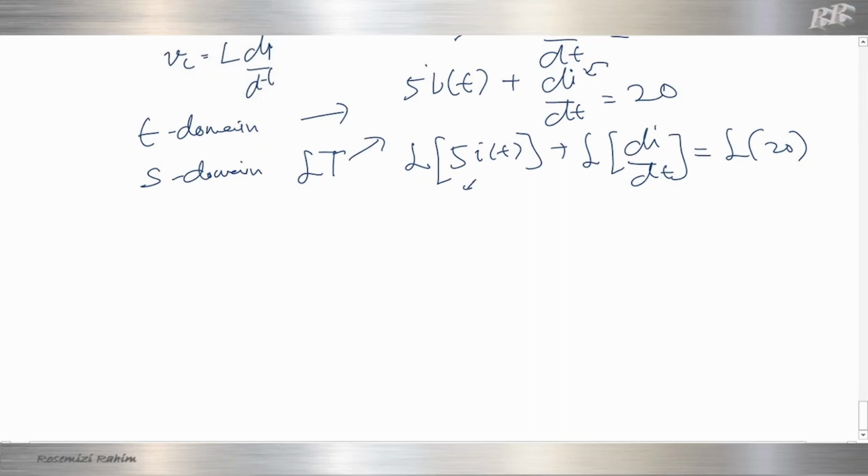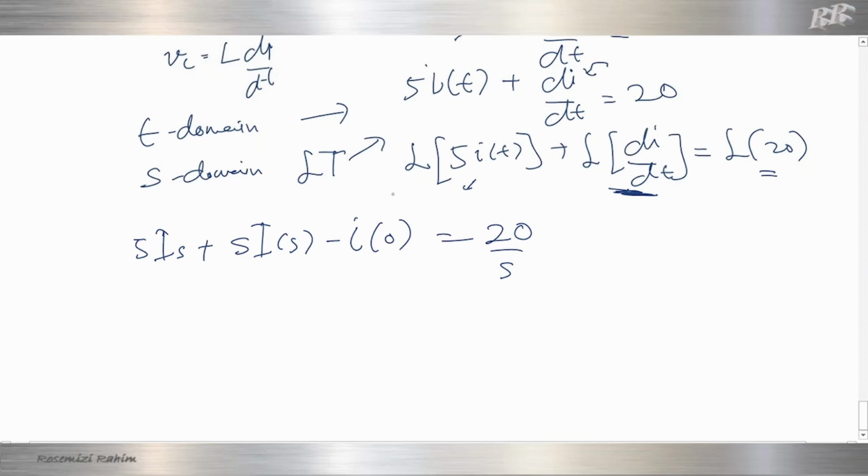When we Laplace i(t) we get 5 I(s), plus, since di over dt is a first order derivative, we get s I(s) minus I(0). Then Laplace of 20 gives 20 over s.